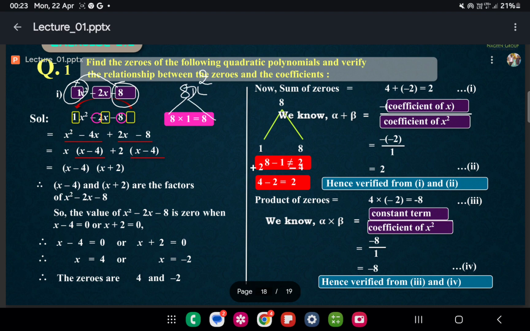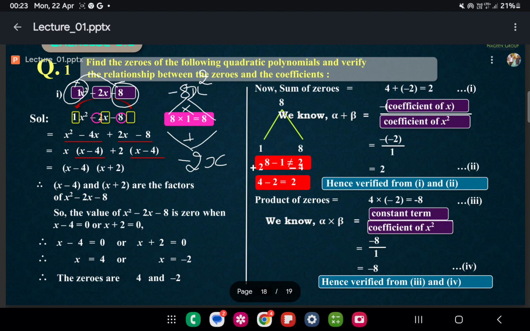Then when we split, we have to get two numbers, and the middle term is minus 2x. Which numbers, when multiplied, give 8x square, and when added give minus 2x? We get minus 8x there, so the higher value should be minus.